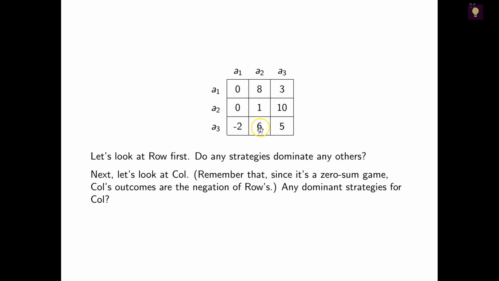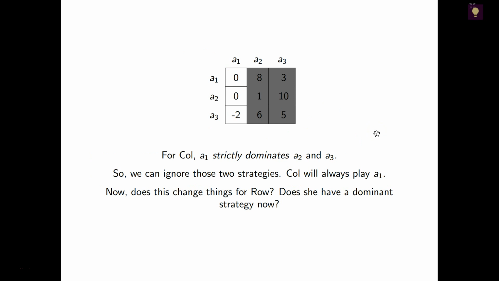And 2 is better than negative 6, and better than negative 5. So A1 is in fact a strictly dominant strategy for player 2. It dominates A2 and A3. So we can ignore those two strategies.